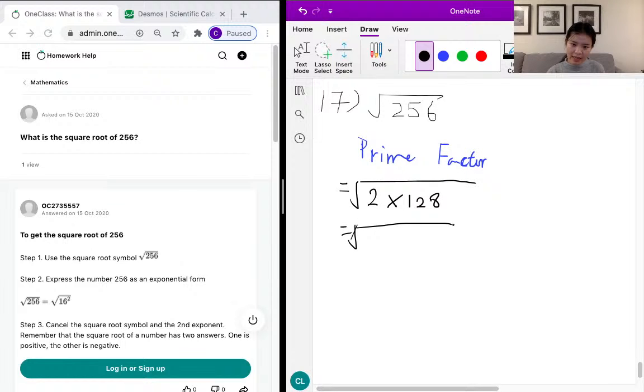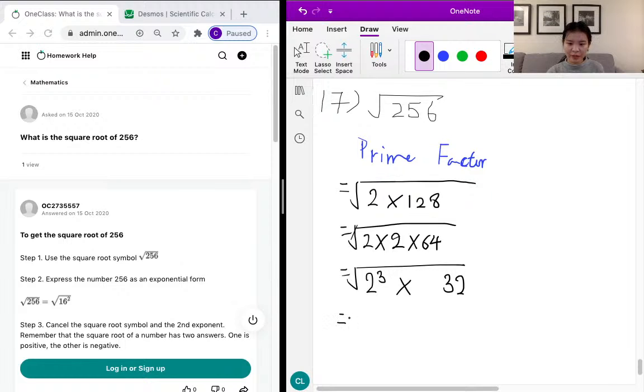Again, 128 is also a multiple of 2, so we can write it as 2 times 64, and again, 64 is also a multiple of 2, so we can take another 2 out, and that would be 2 times 32. Now we would have three 2's, and let's just do 2 cubed times 32, which just means three 2's multiplied together, so that we don't need to write all the 2's out.